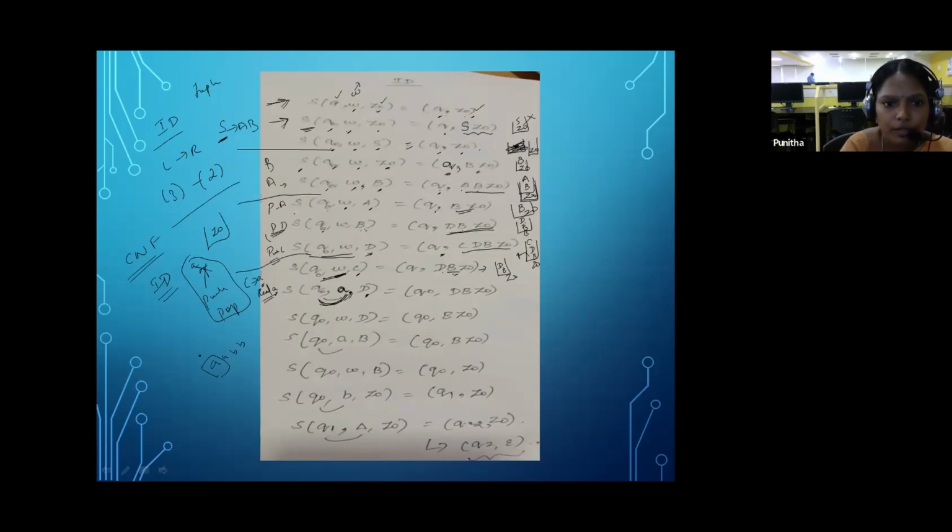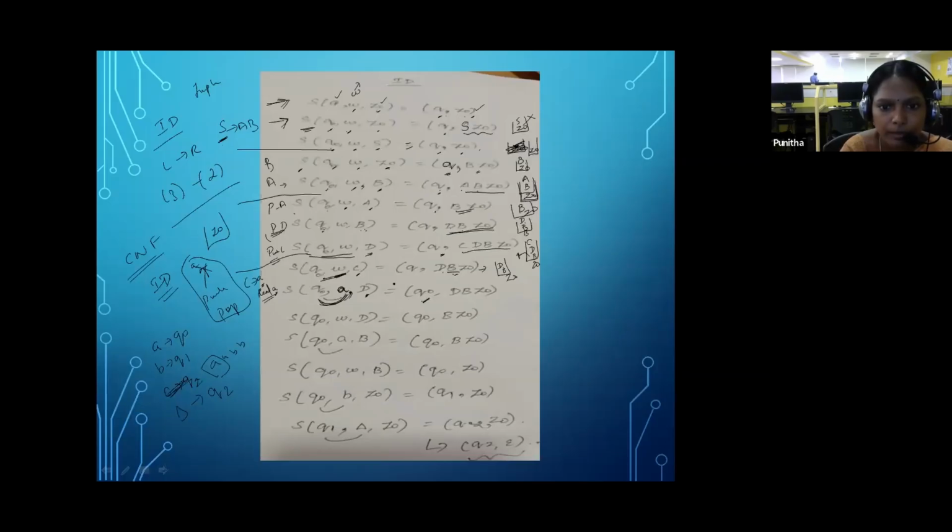For A the resultant state will be Q naught. For B the resultant state will be Q1. If there is a C input available, then the state is Q2. Here there is no chance of getting the input C, so the last one is the null string. For the null string the resultant state will be Q2. Right, I'm reading the input A for the state Q, so my resultant state will be Q naught.